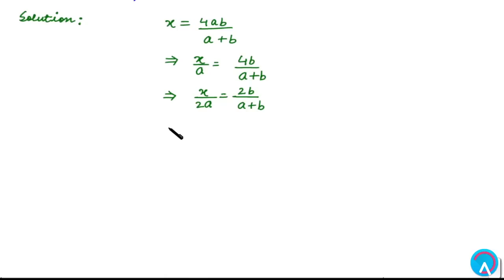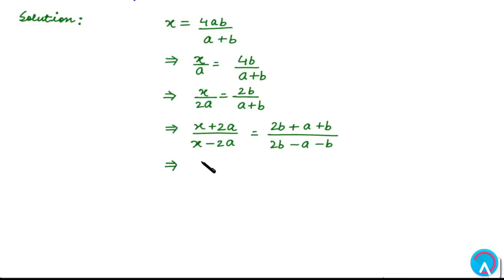Using componendo and dividendo here, we will have x plus 2a by x minus 2a is equal to 2b plus a plus b over 2b minus a minus b. So this will be x plus 2a over x minus 2a is equal to 3b plus a over b minus a.